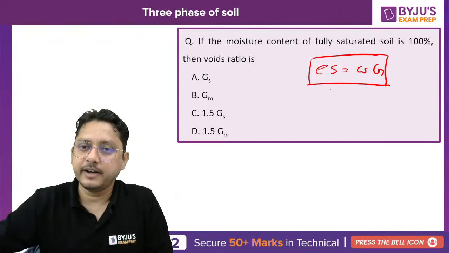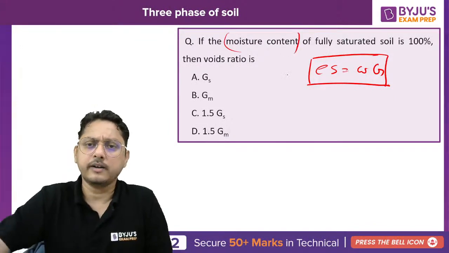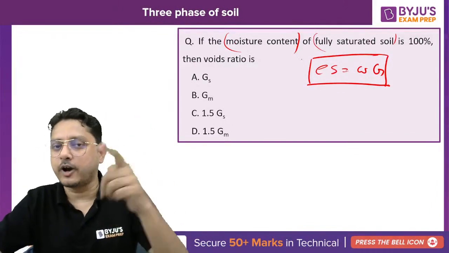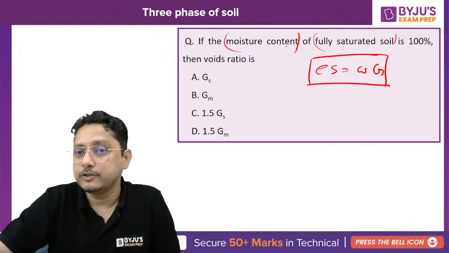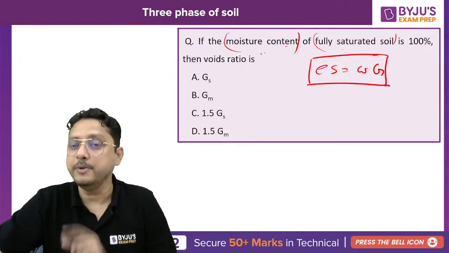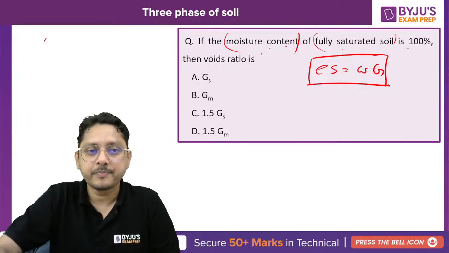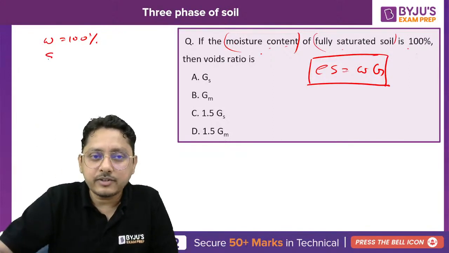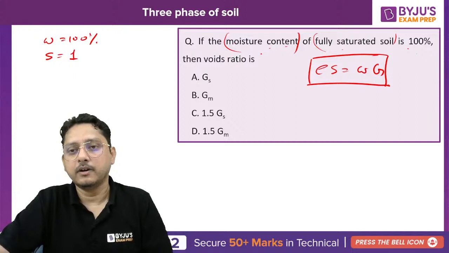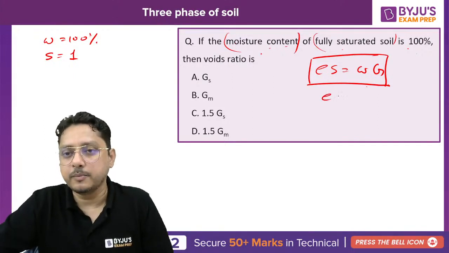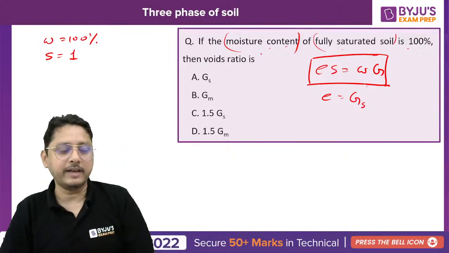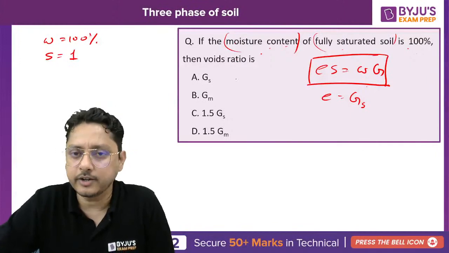Moisture content means the water content, which is 100%. At the same time, he is saying it is a fully saturated soil, so S is also 1. W is 1, S is 1, so simply E will become G. That G is the true specific gravity, as I told you wherever we use it in the formula. Hence, the void ratio simply will become the true specific gravity. That's all.